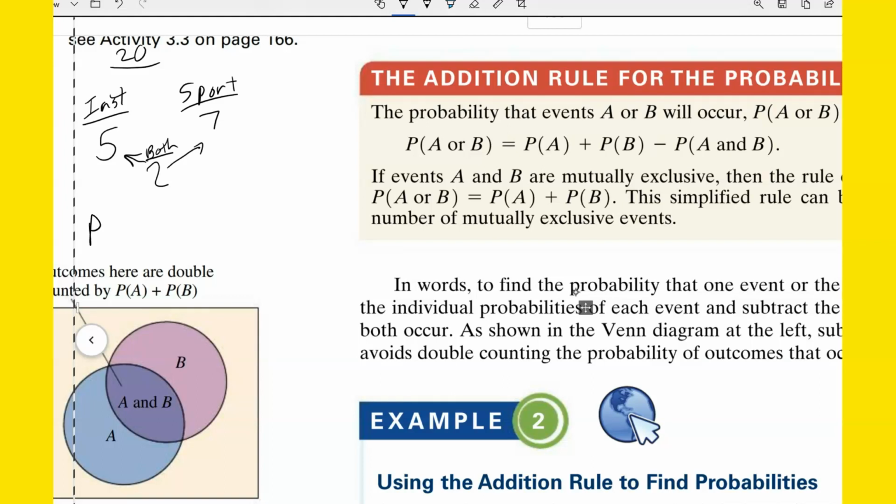So we'd say the probability that a student played an instrument or played a sport is equal to what? We say the probability of playing an instrument is 5 out of 20, plus the probability of playing a sport is 7 out of 20. But we counted these two both times. They got counted twice.